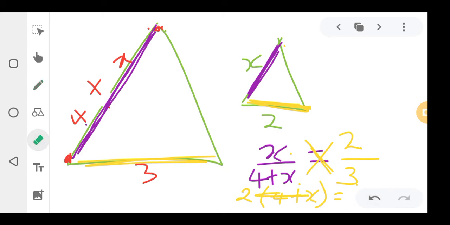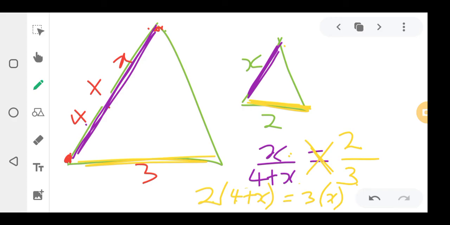Okay, because of space, I'll shift this calculation to the next page. So here it is 2 times 4 plus x is equal to this x times 3. It will be 3 open bracket x, like this. That's how it's supposed to be.